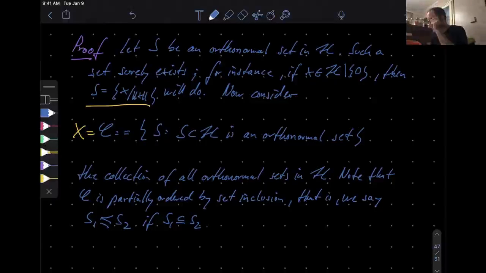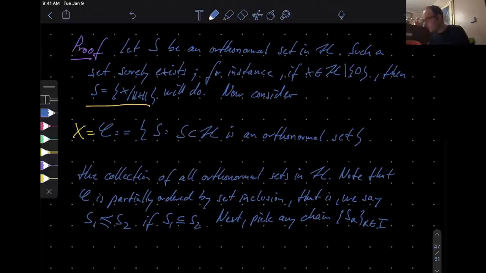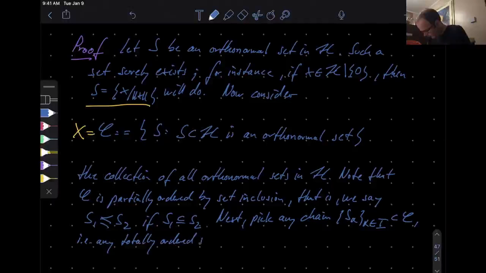All right, so to this end, next, pick any chain S alpha running through some index set in C, that is, any totally ordered subset of C. Then how can we construct the upper bound?